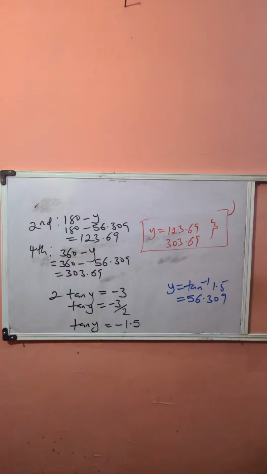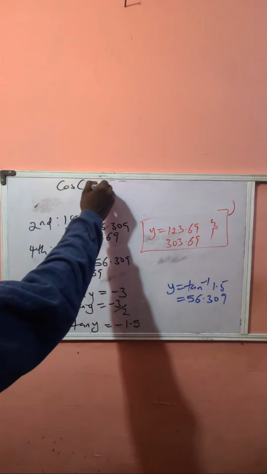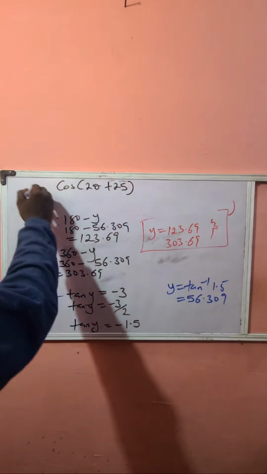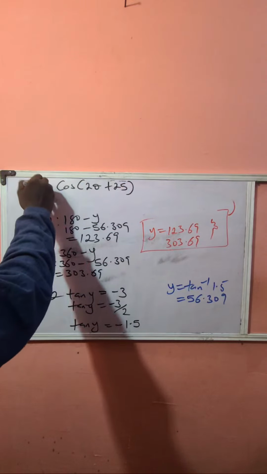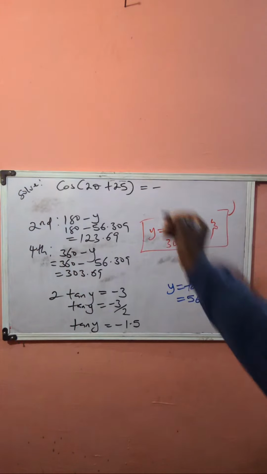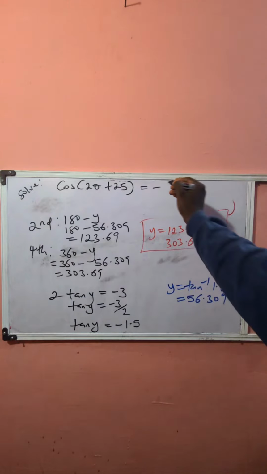This question looks like the very first question we solved, where we have cos 2 theta plus 25. We have to solve this. In this case, it is equal to minus 0.454.